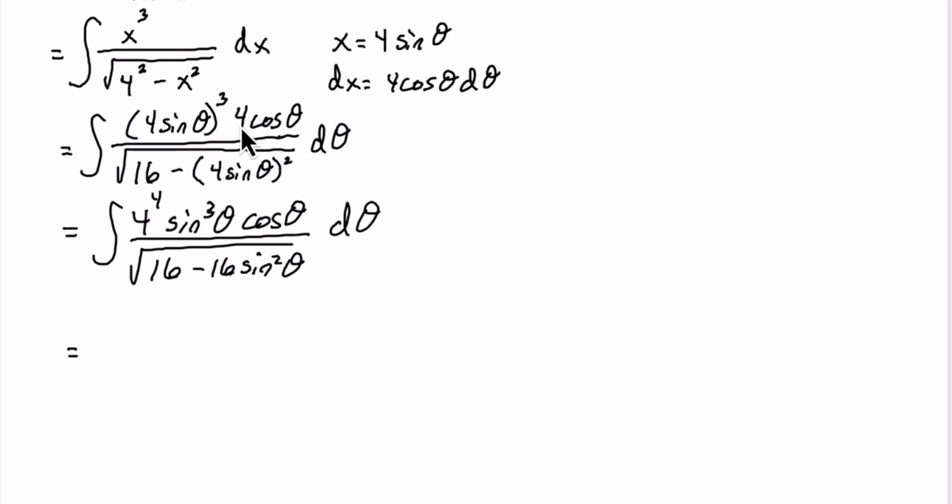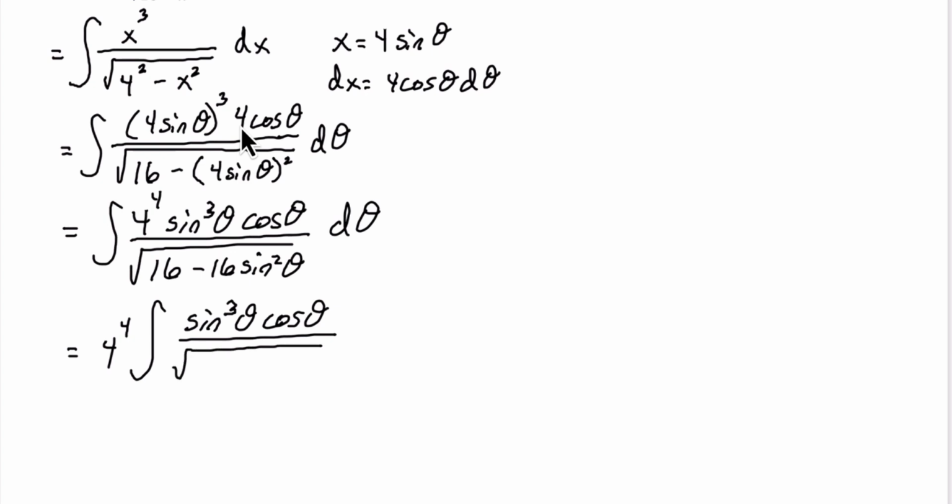If we want, we can pull the 4 to the 4th outside the integral since it's just a constant. We'll be left with sine cubed theta cosine theta in the numerator. And in the denominator, we still have a radical.